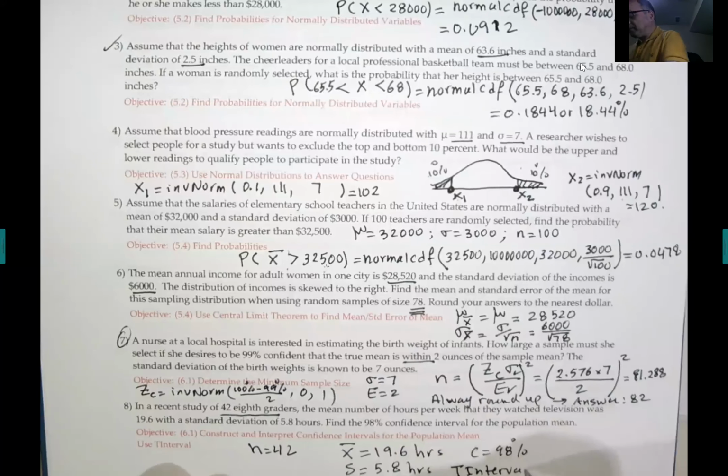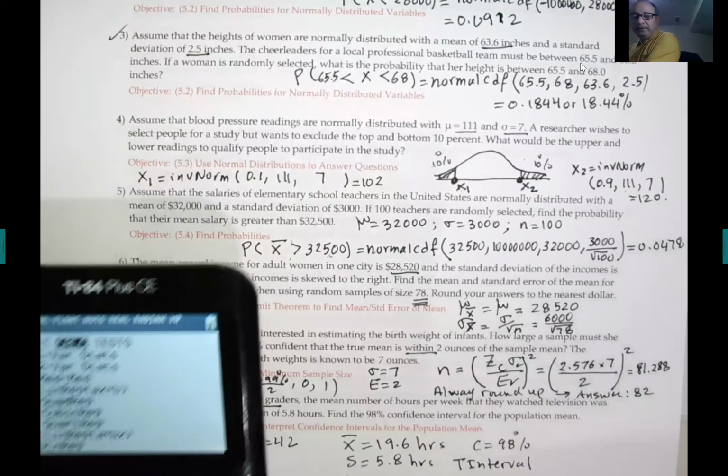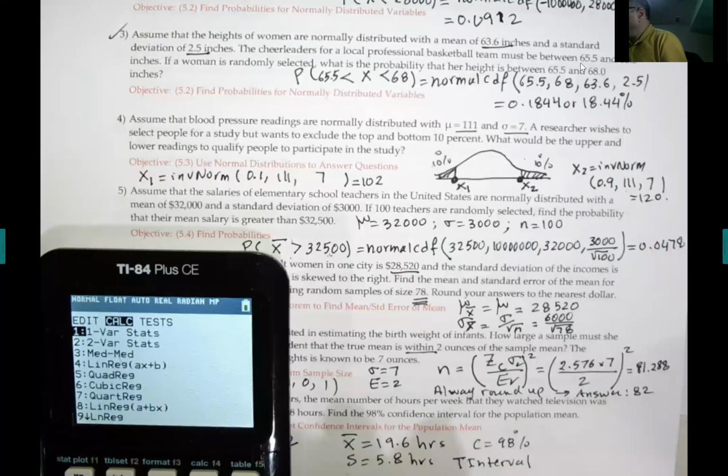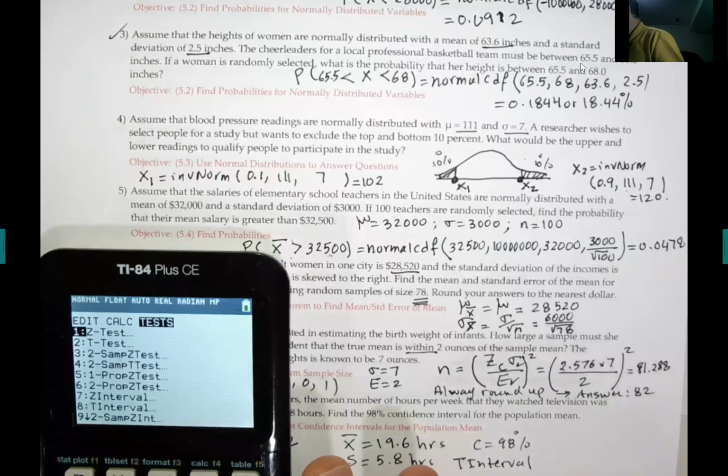And let me show you how to run this. Everything is under stats, so go to stat, tests, and then 8. I know it's tempting, guys, to choose 7, but it's not a Z, it's a T, because he gave you s instead of sigma.